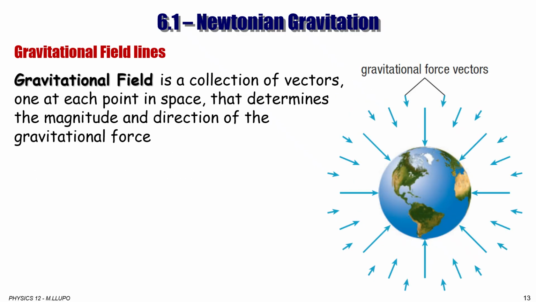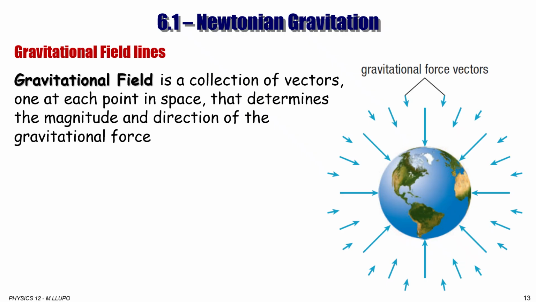Looking at the diagram on the right, we see the gravitational force and gravitational field vectors look alike. This diagram is very similar as a gravitational field as well, pointing toward the center of that massive body. In this case, it is Earth.